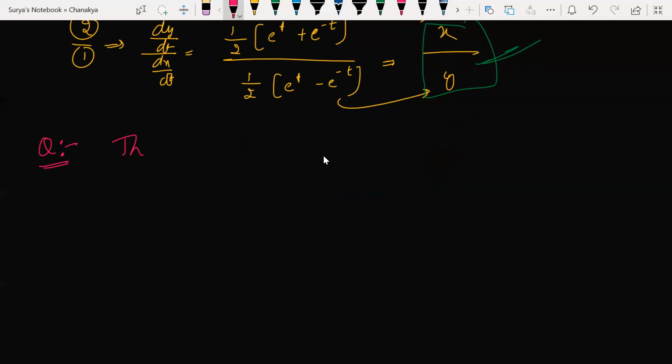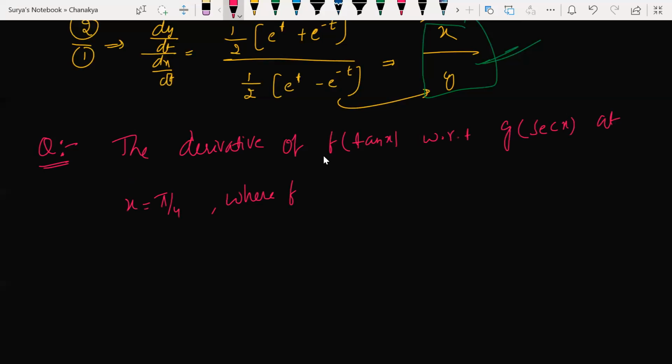Find the derivative of f of tan x with respect to g of secant x at x = pi by 4, where f dash of 1 is equal to 2 and g dash of square root of 2 is equal to 4.